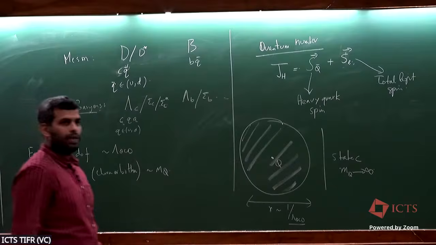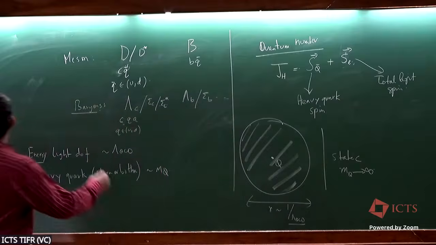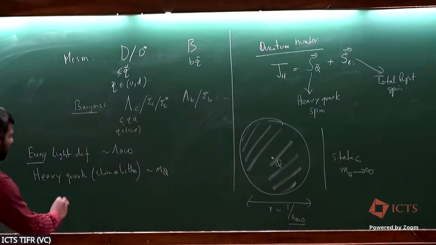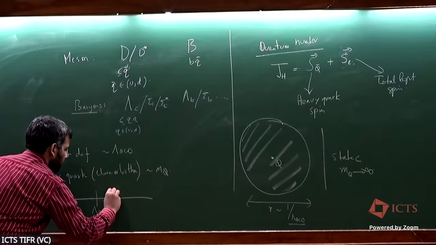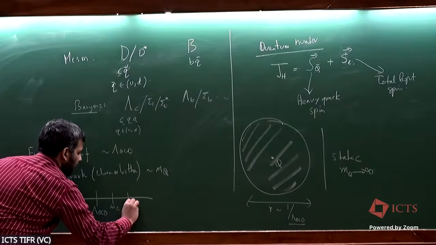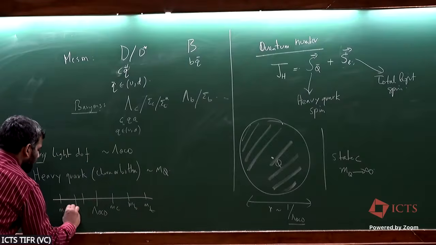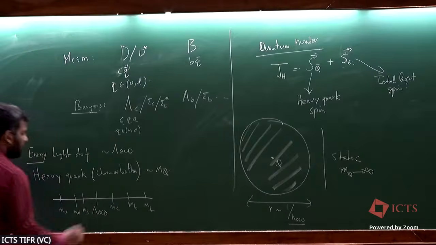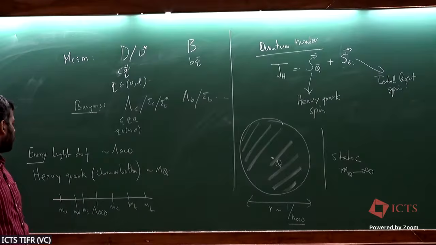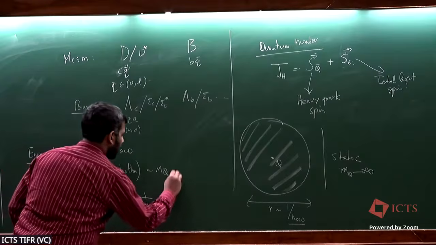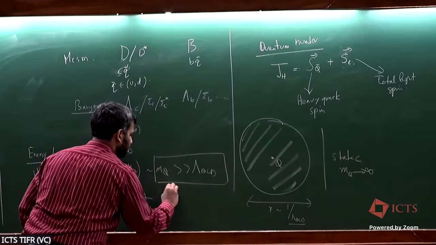In general, we see from the QCD lecture that there is a well separation of light quarks and heavy quarks. So there is M_c, M_b, M_t, and below there is M_u, M_d, M_s. So all my heavy quarks are above the Lambda QCD scale, and therefore this is my hierarchy.